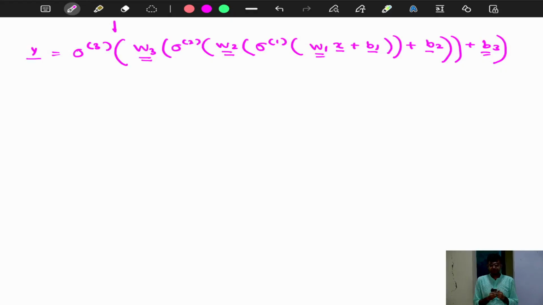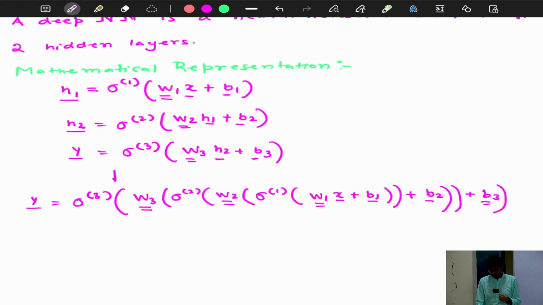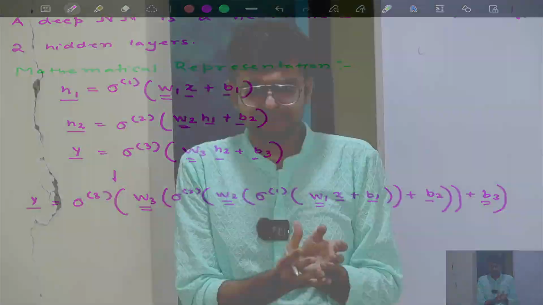What can I conclude from here? Each of these three expressions, h1, h2, h3. Do you agree with me that the right hand side of each is a function? Sigma 1 w1 x plus b1 is a function. Sigma 2 w2 h1 plus b2 is a function, and the third one is also a function.